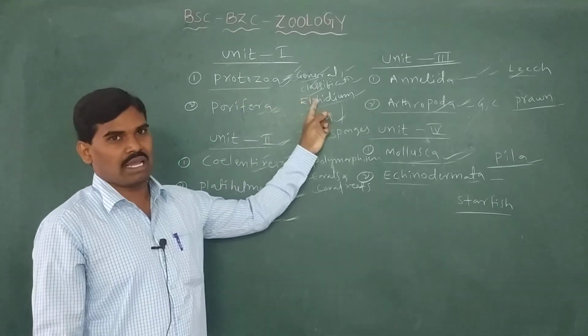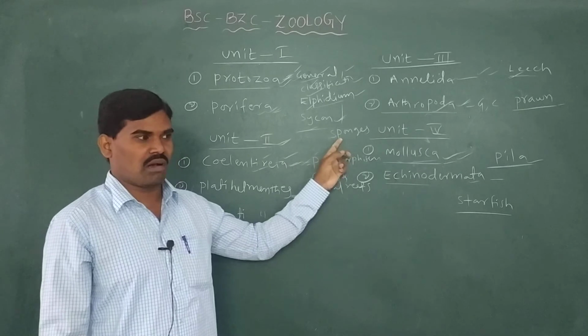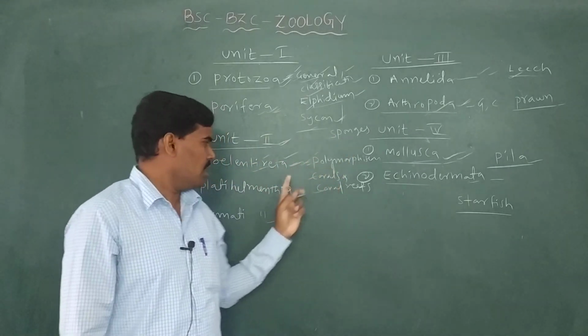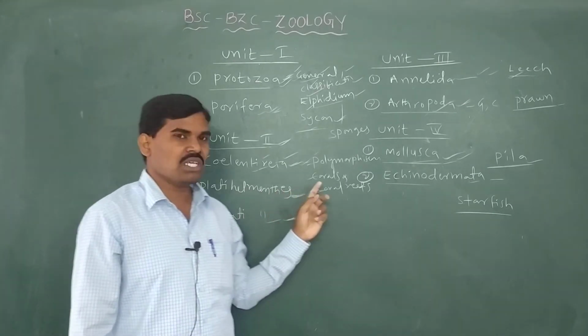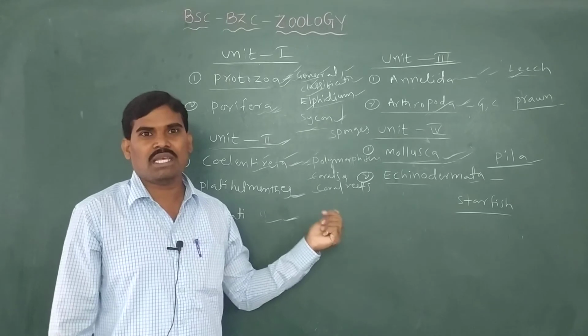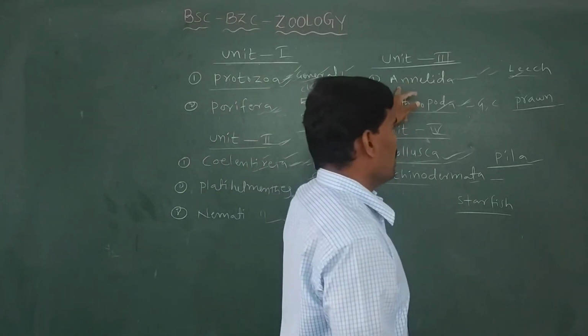Protozoa type study, Elphidium. Next Porifera type study, sponges or Scypha. Next Coelenterata type study, Obelia. Next Platyhelminthes type study, Schistosoma haematobium. Next Nematohelminthes type study, Dracunculus. Next Annelida type study, leech.